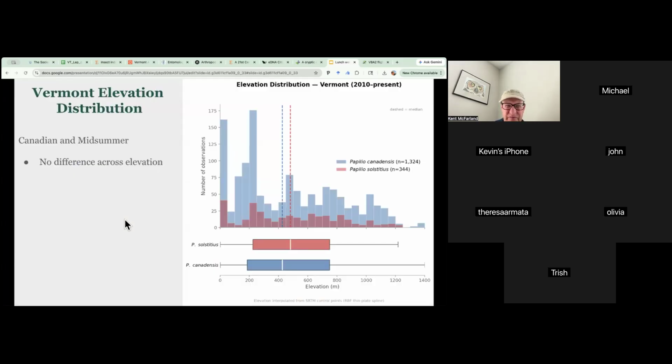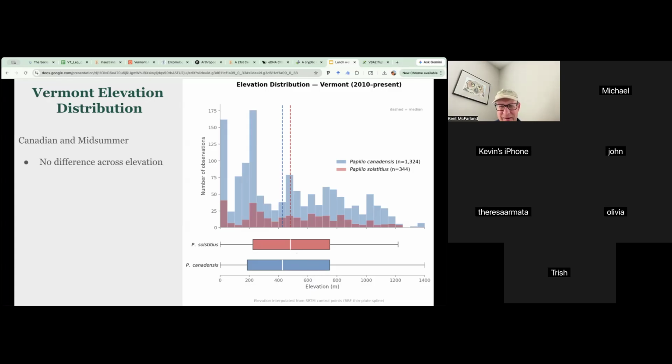And then I just quickly looked, just for the heck of it, because I mentioned elevation, I took that same data and I'm like, is there an elevation signal yet, just real quickly in our data? And so you can see we have over 1,000 Canada tiger swallowtail records, 340 some Midsummer Tiger Swallowtail records, and you can see, not really.